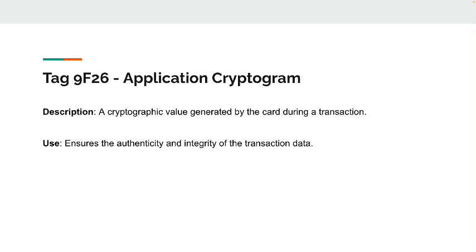The card uses some values that are supplied by the terminal application, like the transaction amount, the currency code, the country code, the transaction type, and the transaction date sometimes, to create a cryptographic value that the issuer would check when it gets to them, right? When the issuer checks this cryptographic value, they use it to know the integrity and the authenticity of the transaction data.